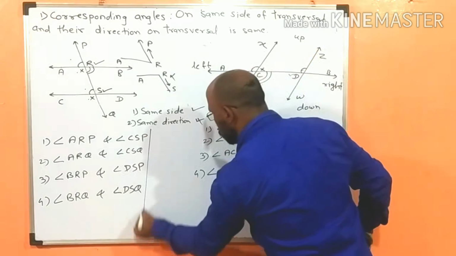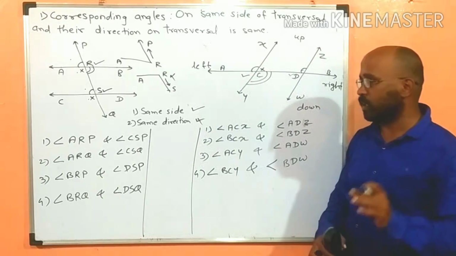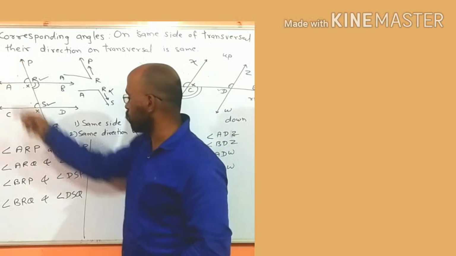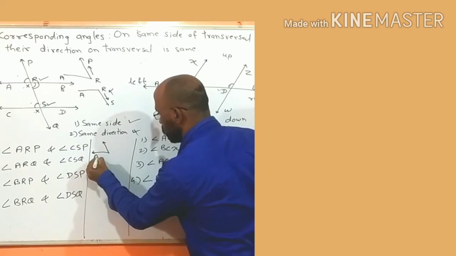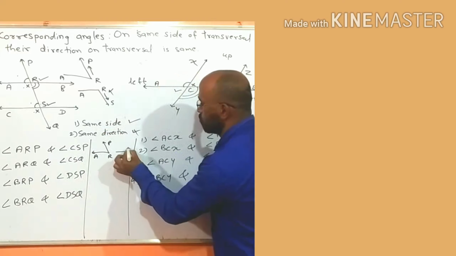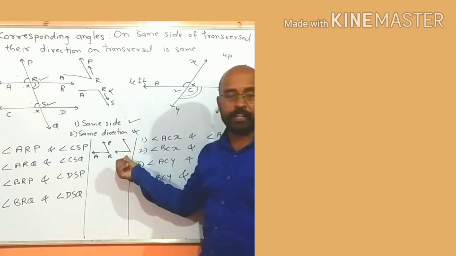Students, corresponding angles, they are symmetrical. What do I mean by this? Let us see. ARP is looking like this, right? This is ARP. So its corresponding angle also will have same orientation.